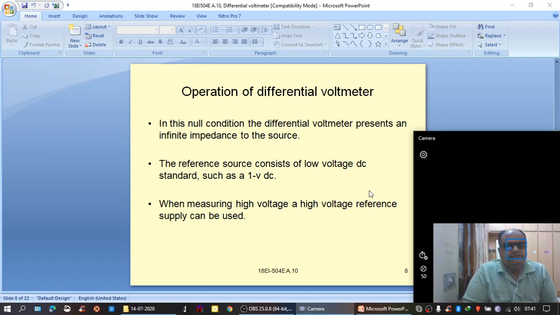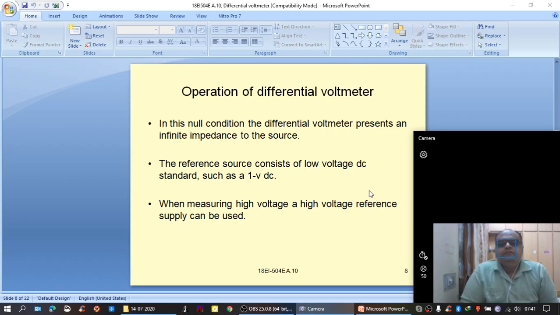It is obvious. The reference voltage has to be definitely very much higher than unknown voltages. Then only a fraction of the reference voltage can be made equal to the unknown voltage. Right?